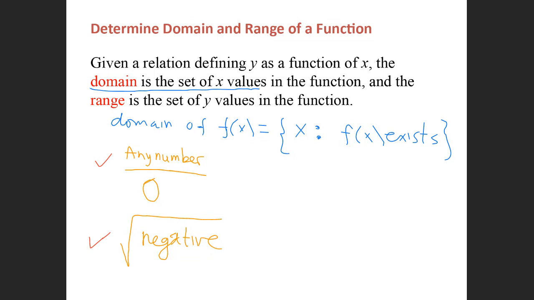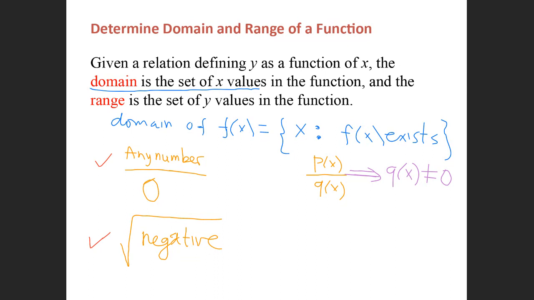Now, if you have p of x over q of x, then you have to solve q of x does not equal 0. The denominator should not be 0. You have to exclude all values of x for which q of x is 0.